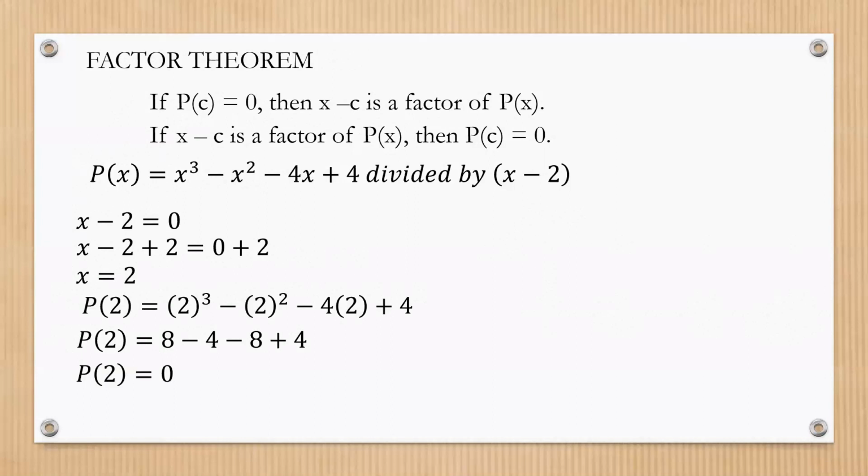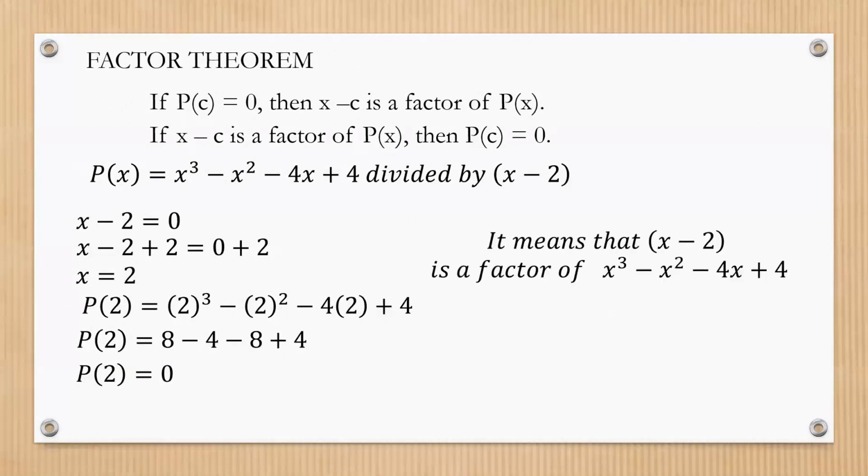Since our p of 2 is equal to 0, it means that x minus 2 is a factor of x cubed minus x squared minus 4x plus 4. So, it means that x cubed minus x squared minus 4x plus 4 consists of x minus 2.